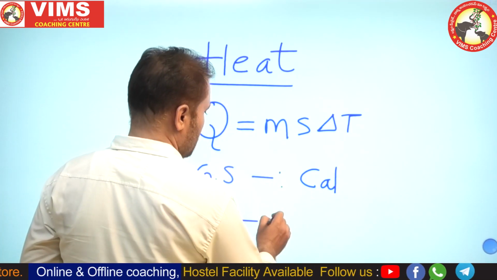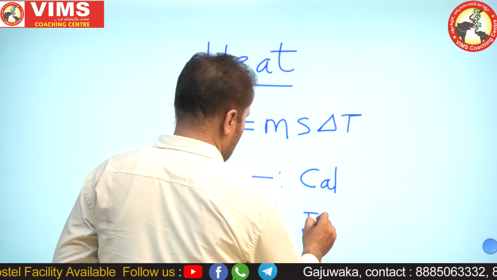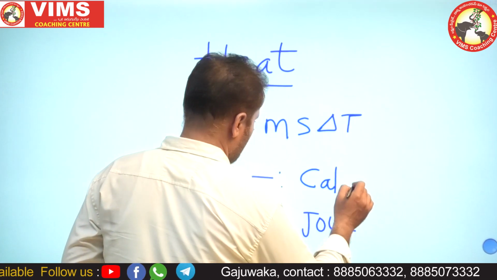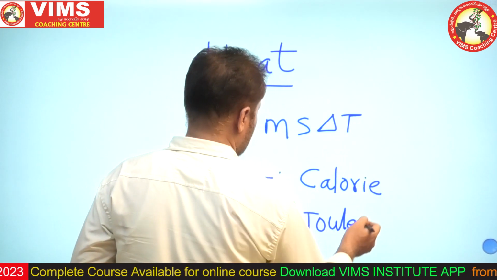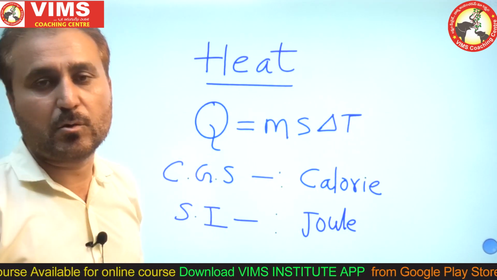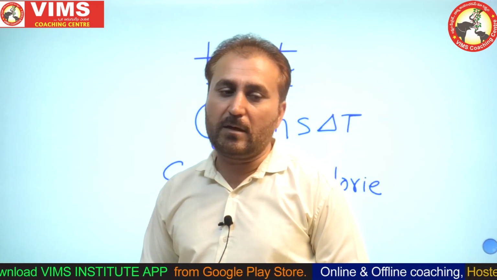In SI system, the quantity of heat is measured in what? Joule. So this is calorie, this is joule. These are the units used for measuring quantity of heat lost or heat gain.